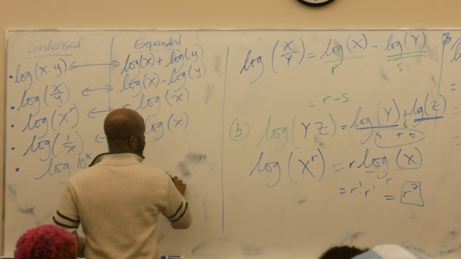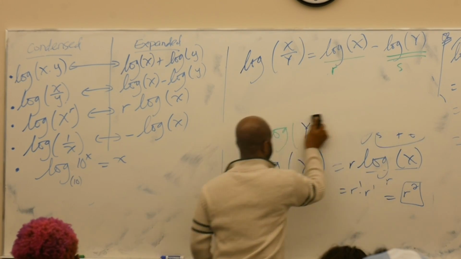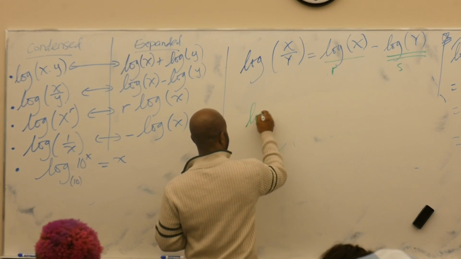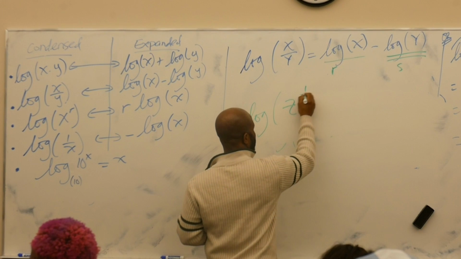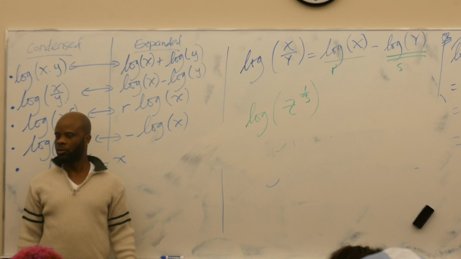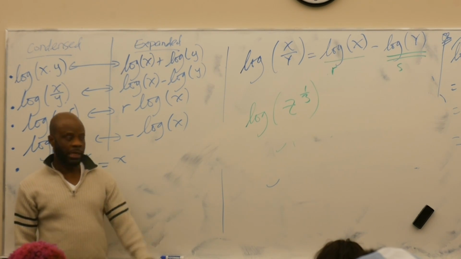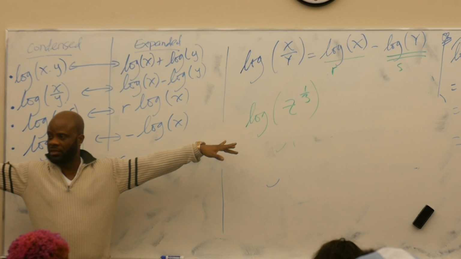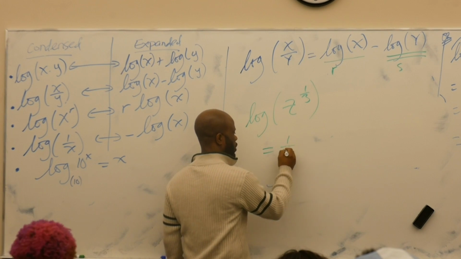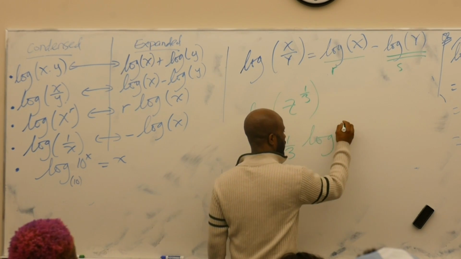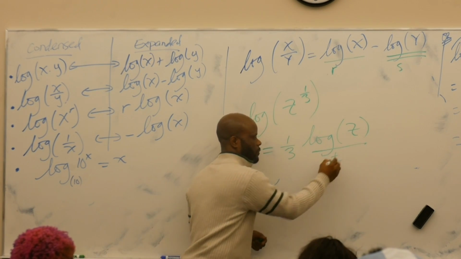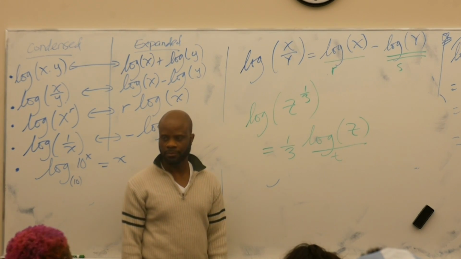So then I would write D, starting out, as the log of z to the 1/3, because that's the cube root. Now we're back to applying the same property we just did. So this is 1/3 times the log of z. But the log of z is what? So 1/3 times t.